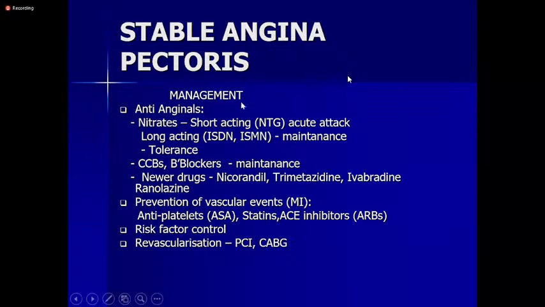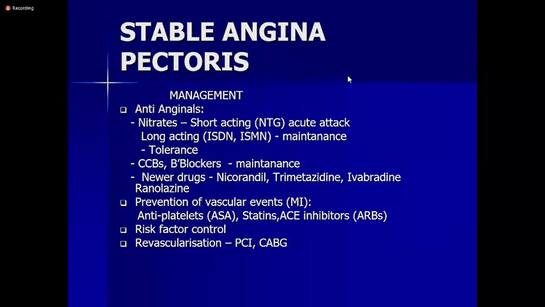So all your patients who have got coronary artery disease must be on this too. Then we often also add ACE inhibitors on board, either ACE inhibitors or angiotensin receptor blockers. Then risk factor control. And then in a small proportion of patients, we might need to do what is called revascularization, which means opening up the obstruction.